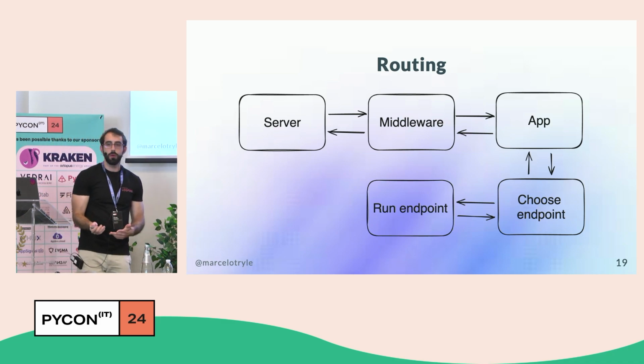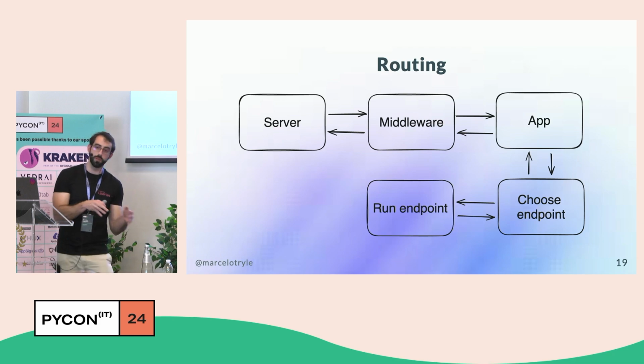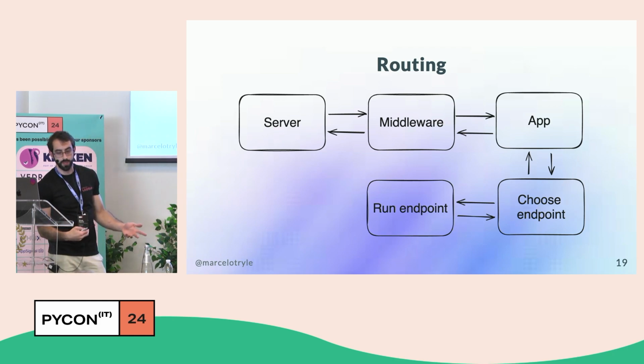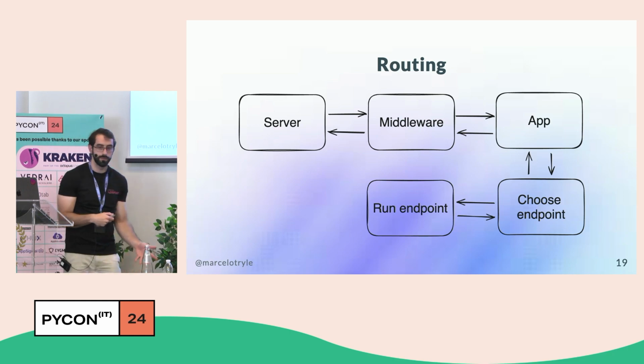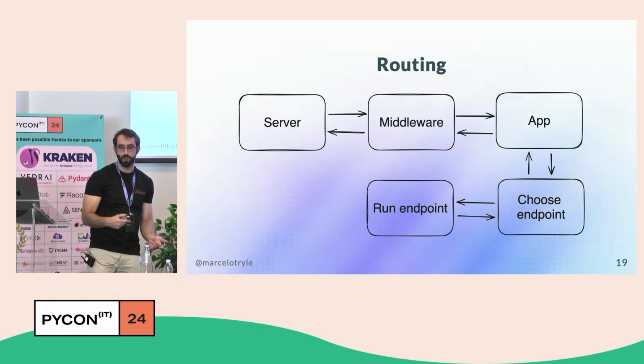One possible problem about this, and some people have made requests, is that you don't have the information about the routing on the middleware, because the routing happens after the middleware runs. So for example, if you want some information about which endpoint ran, then you don't have that available on the middleware before the app runs.